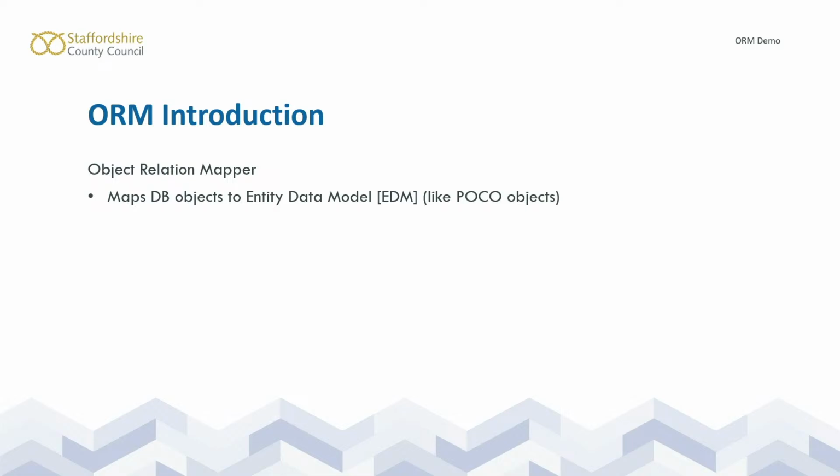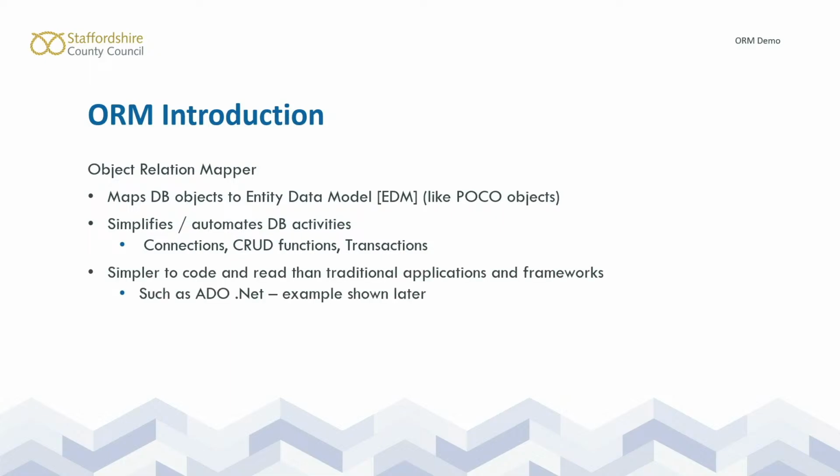It makes database activities a lot easier to handle by simplifying the connections, the CRUD functionality, transactions, and it makes code simpler than traditional applications and frameworks such as ADO.NET, which is what the council use at the moment. But I'll show you an example later on.